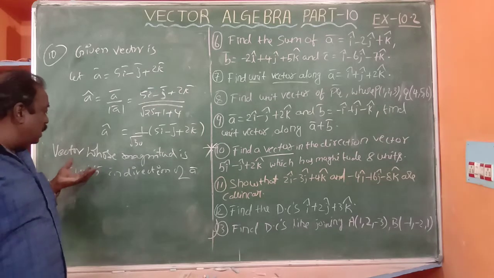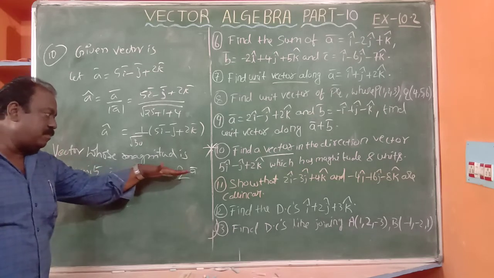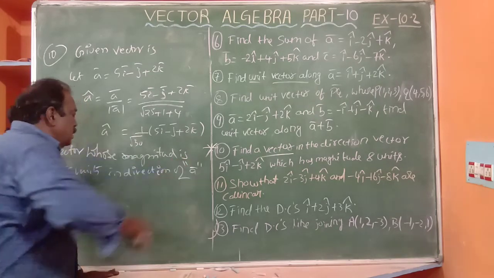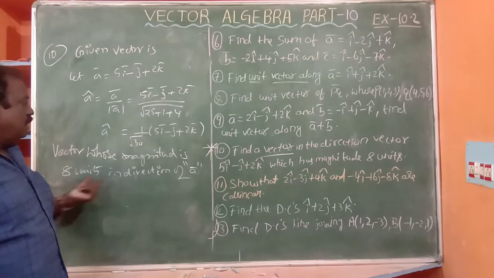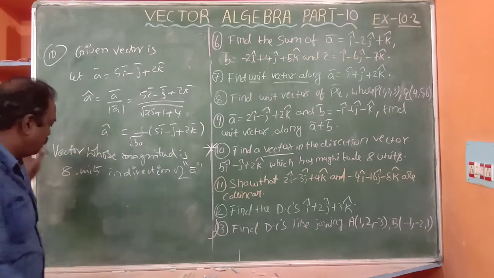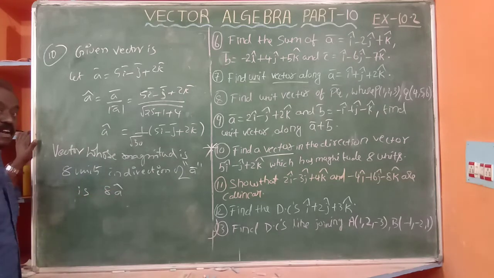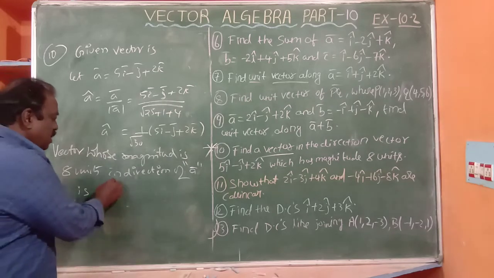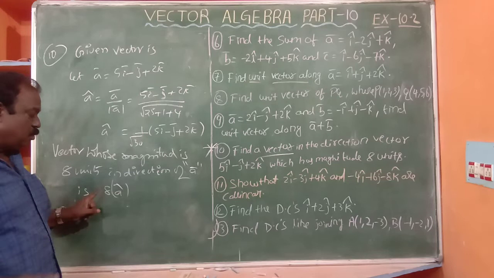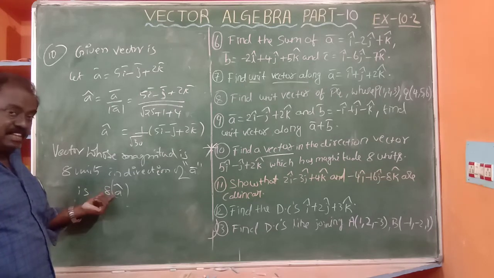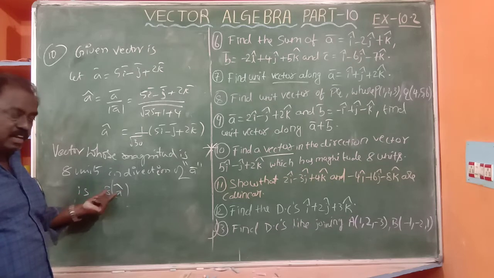So the required vector is parallel, in the same direction as A bar, but its magnitude is 8 units. You see, the direction is A cap. I will write it as 8 A cap. What is 8 A cap? A cap is unit length into 8. This new vector's magnitude is 8 units.